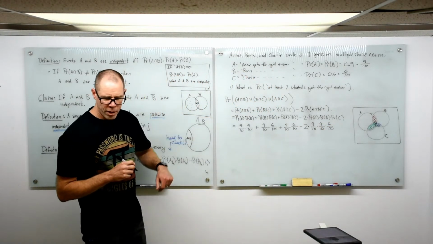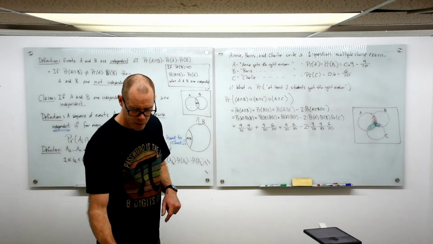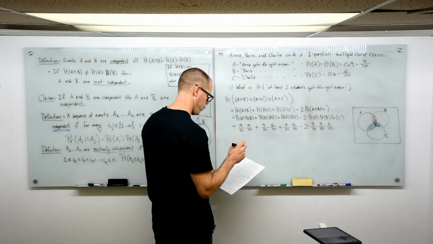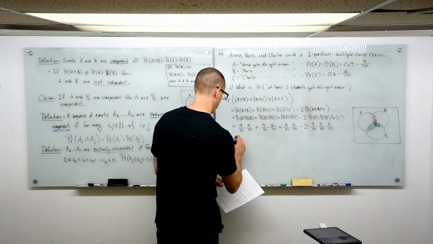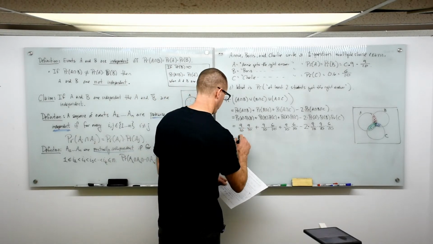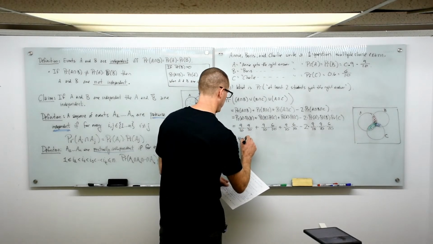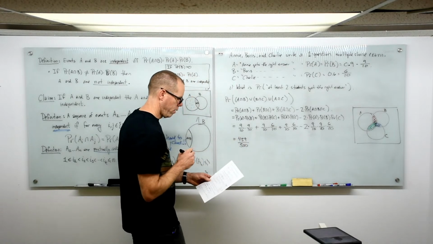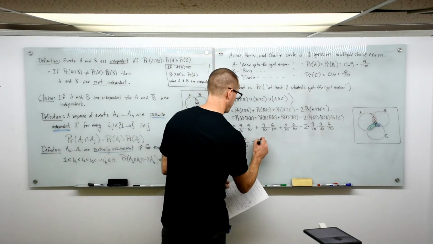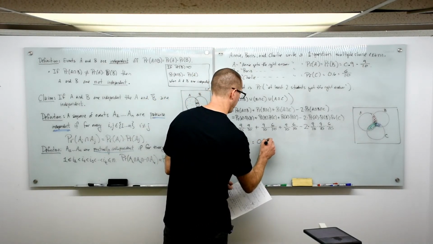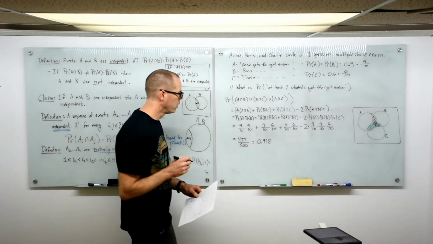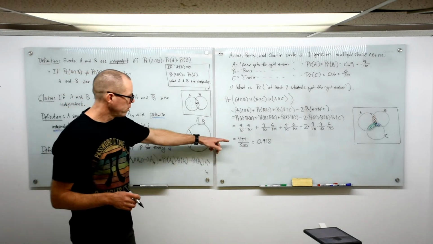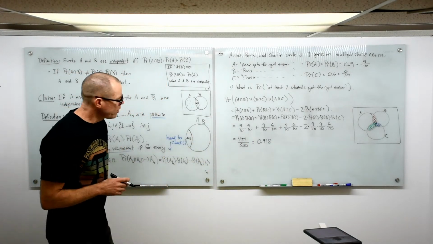And now this is a problem that you can solve with a calculator, which gives you 459 out of 500, which looks like 0.918. That's an easier way to see that fraction.